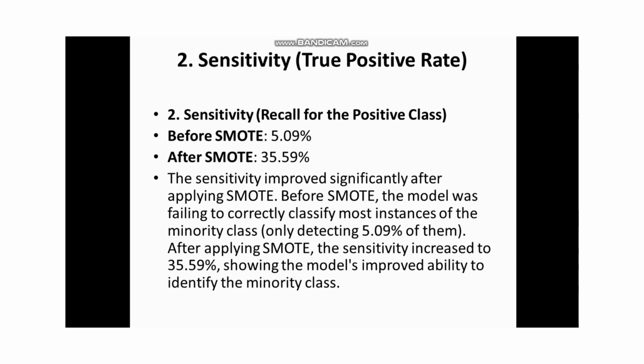After applying SMOTE, the sensitivity increased to 35.59%, showing the model's improved ability to identify the minority class. So sensitivity focuses on the model's ability to identify the minority class.